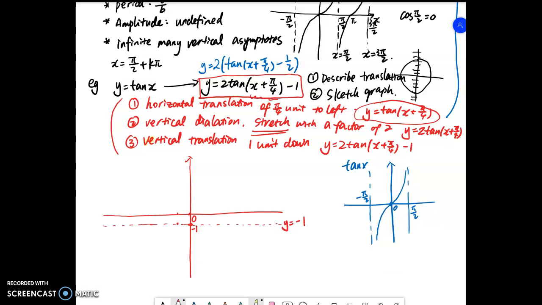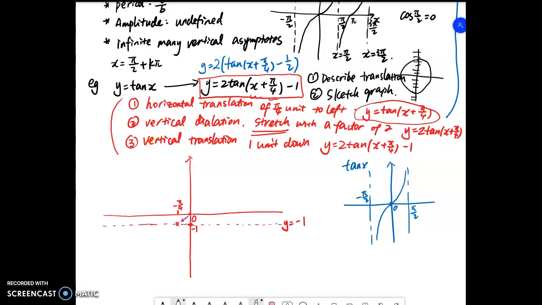So my previous origin point has moved down to here, and this is negative pi/4. I'm just going to write down here, negative pi/4. So you can see there is a shift like that.